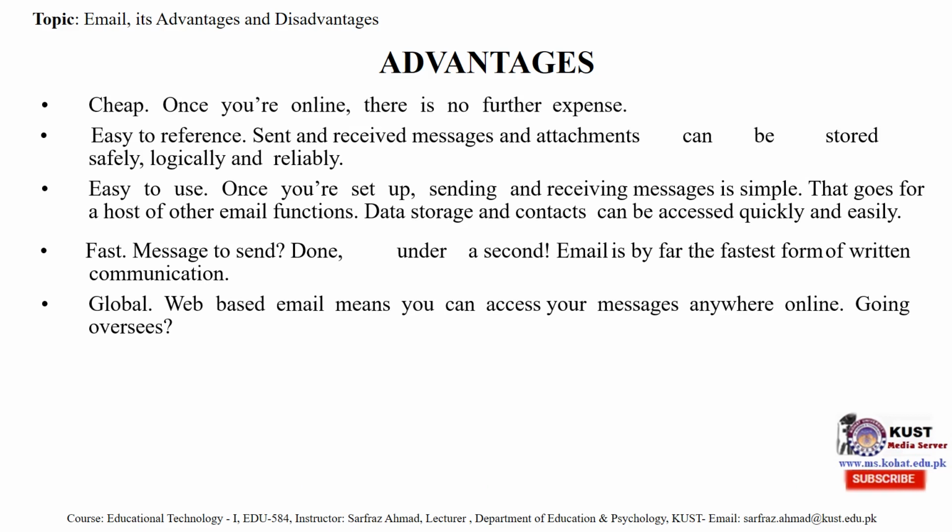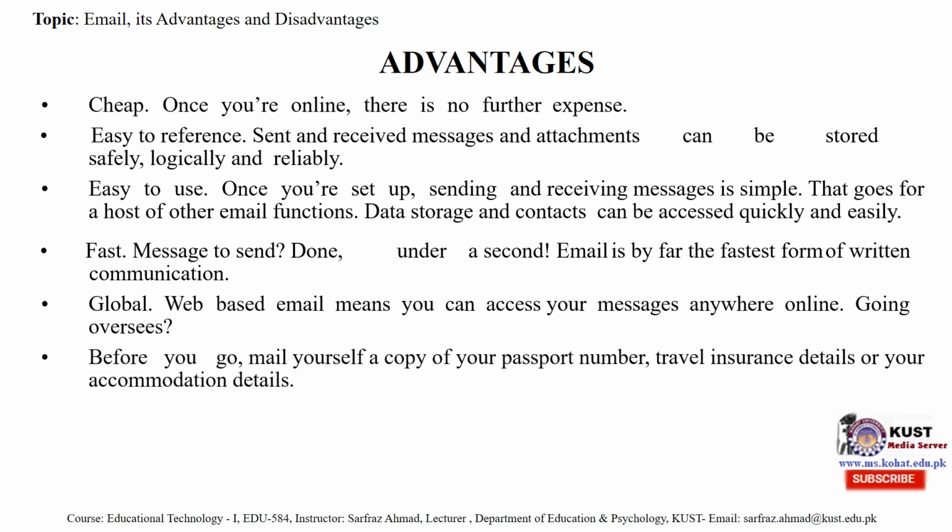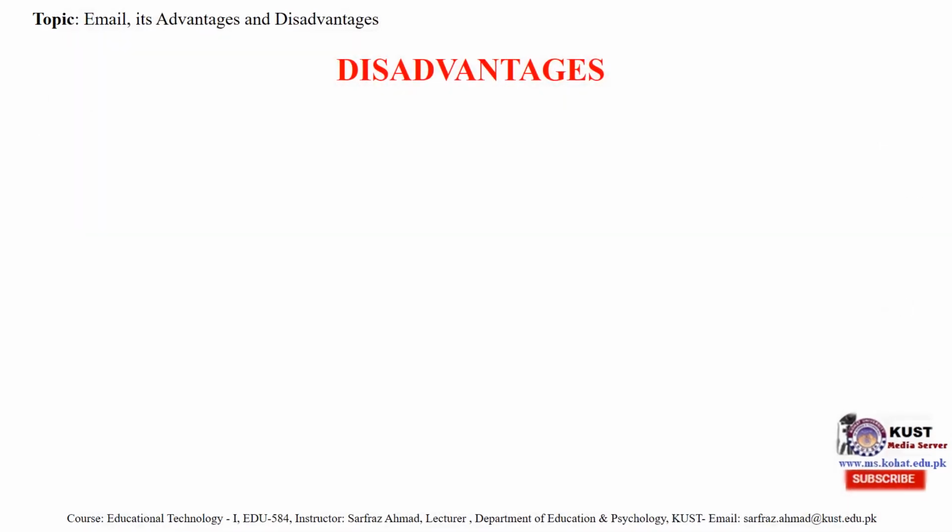Going overseas, before you go, mail yourself a copy of your passport number, travel insurance details, and accommodation details. You get them from your email box. You can place your documents over there. You can access your emails from anywhere where you have internet facilities.